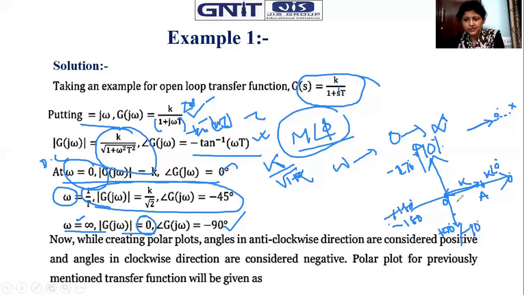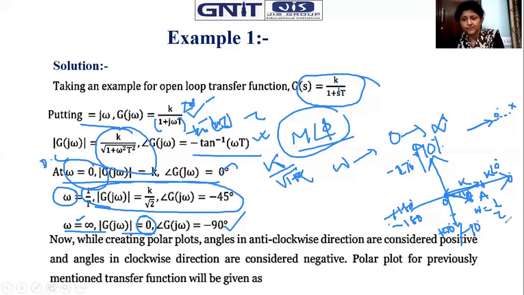At omega equals 1 by tau, the vector attains that magnitude. Magnitude is 1 by root 2, angle minus 45 degrees. Then finally it reaches 0 vector length, and the angle is minus 90.